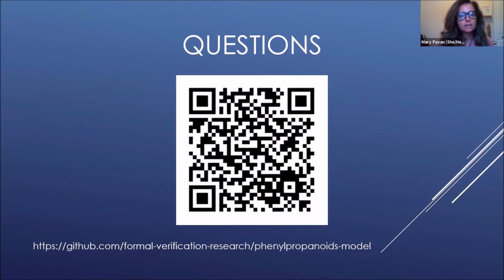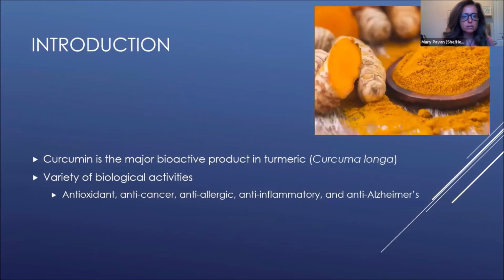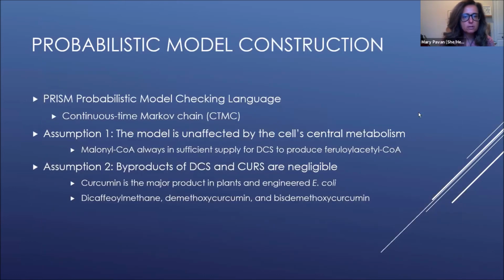I have a question for Ellie. Ellie, in your assumptions, your two assumptions are that central metabolism is not being affected or affecting your model, and you are not considering the byproducts, right? Yeah.